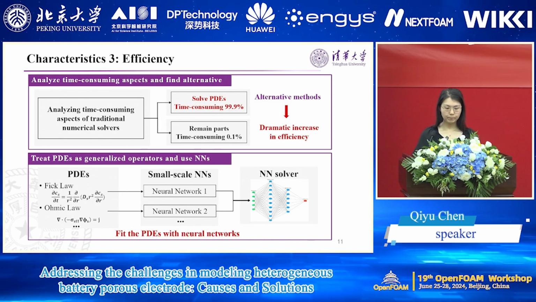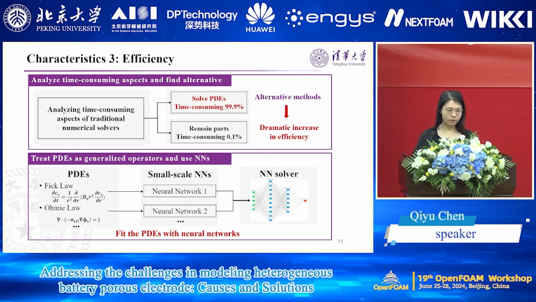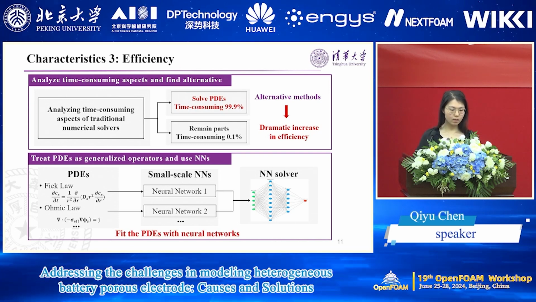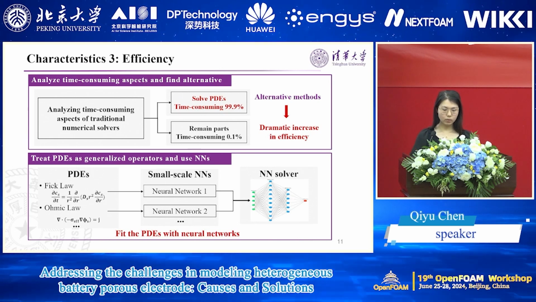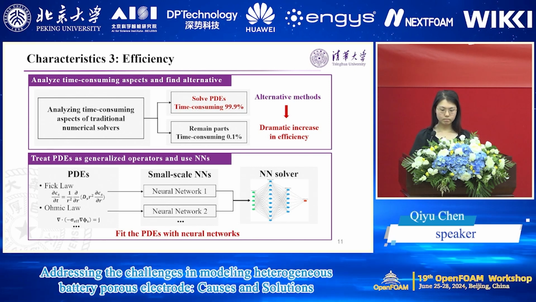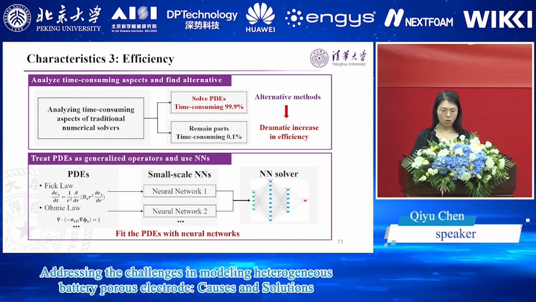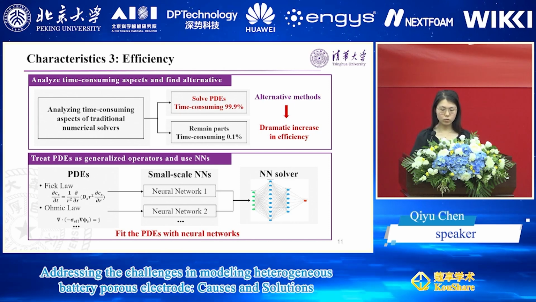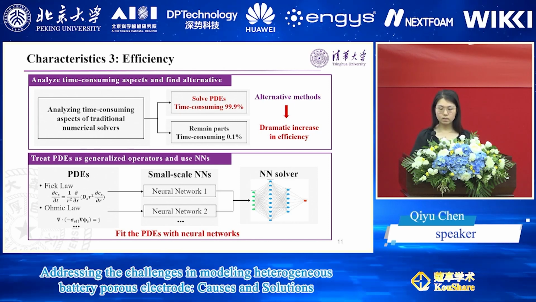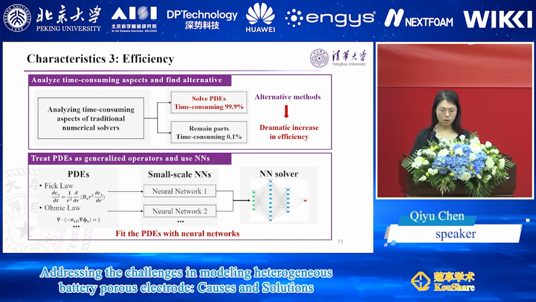To build a neural network solver for batteries based on mathematical equations, we first analyzed the most time-consuming aspect of the traditional numerical solver, which is partial differential equation solving.